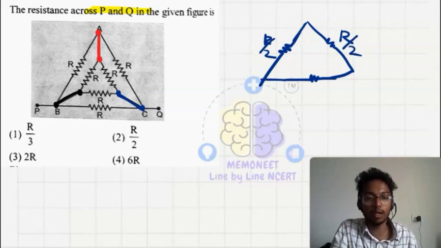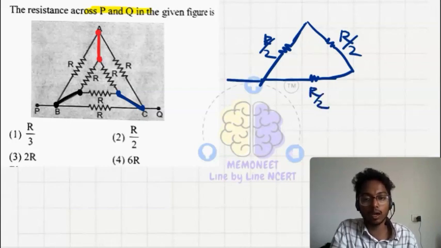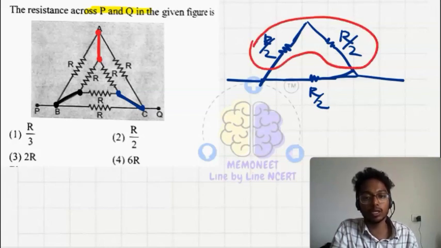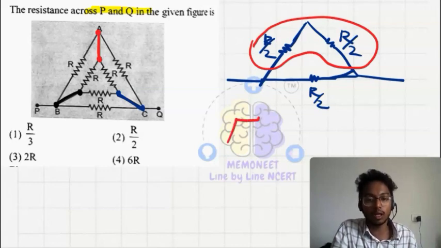What do I have? I have another one here, it is also R by 2. Okay, and now this will be my final setup where R by 2, R by 2, and this one. Okay, so these two are in series, so we can directly add them so that our setup will be like this.